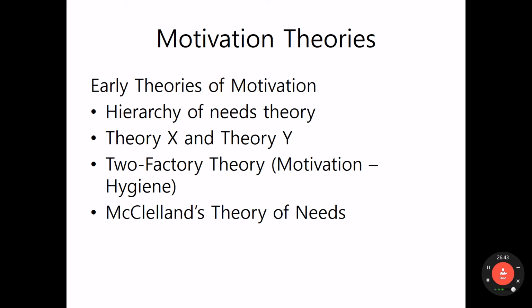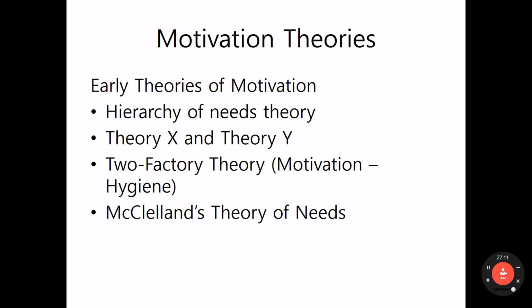So McClelland's theory of needs. There are three individual difference factors, right? The need for power, need for achievement, need for affiliation. Everybody has different levels of each need, and that really influences people's behavior in certain situations.